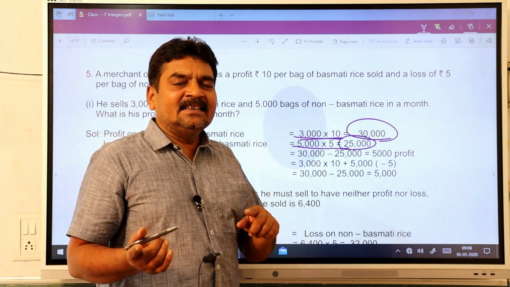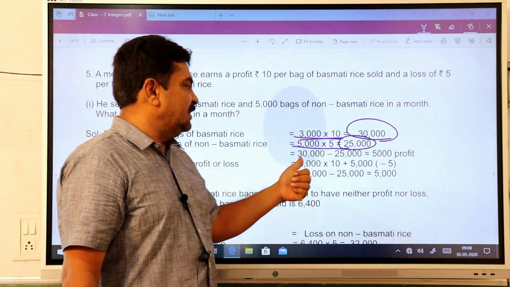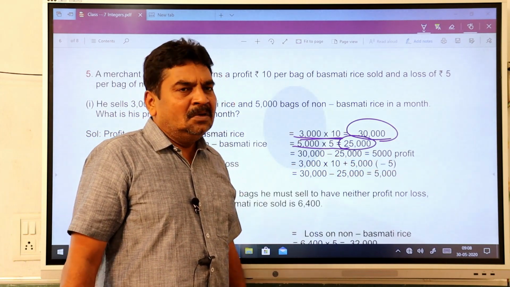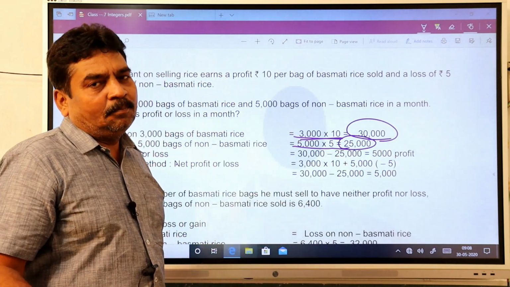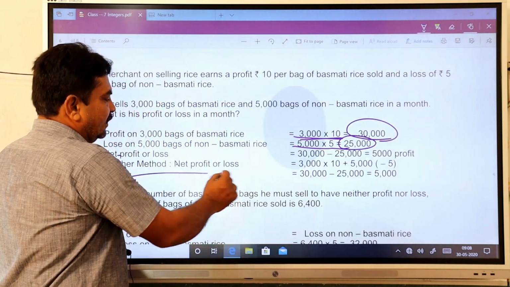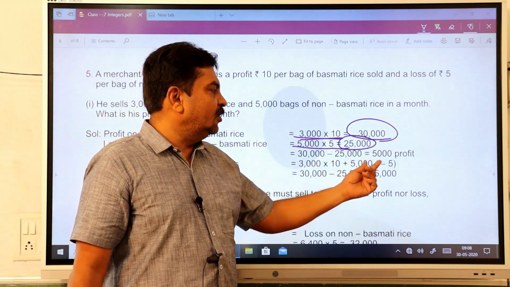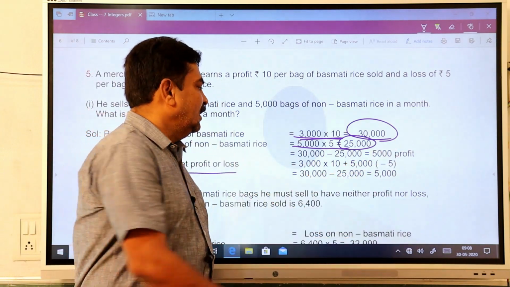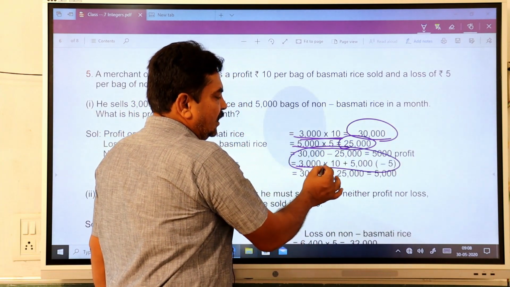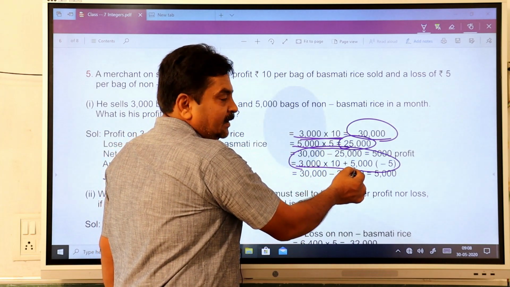So what is the profit or loss? Net profit or loss is 30,000 minus 25,000, which gives you 5,000 as a profit. It is a positive value. Another method: net profit is 3,000 into 10 plus 5,000 into minus 5, that is the loss on non-basmati rice.